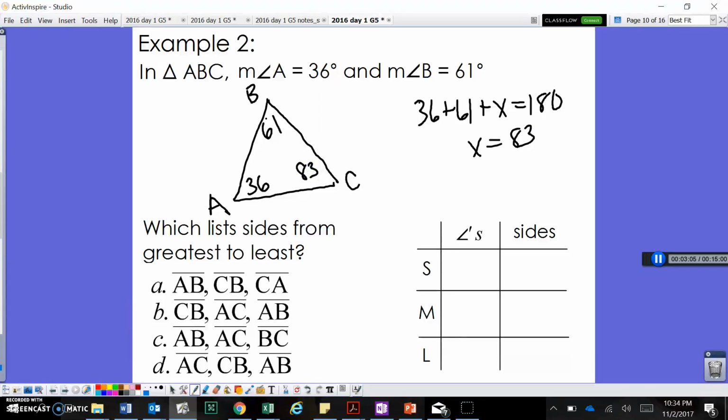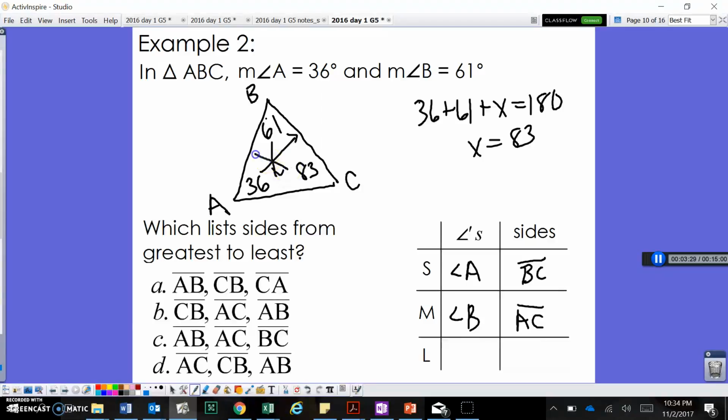So now, we need to order. So our smallest angle is angle A. It's at 36 degrees. So that means side BC is the smallest side. The medium is 61. That's angle B. So that side is side AC.